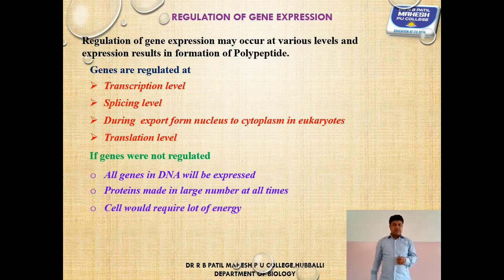So this is one: the cell would require a lot of energy. Whenever it is required, that particular gene is expressed. If it is not required, that particular gene is suppressed. Why?